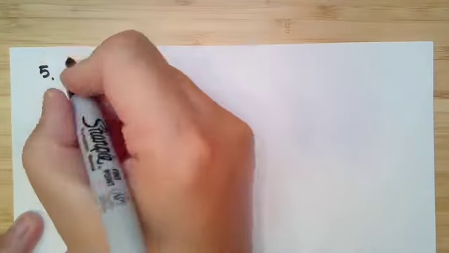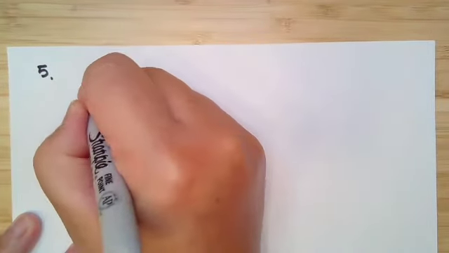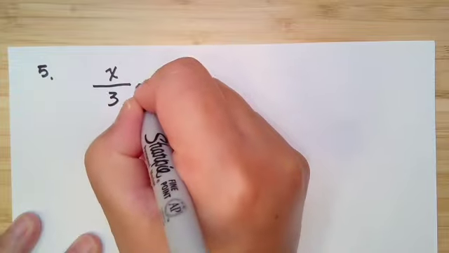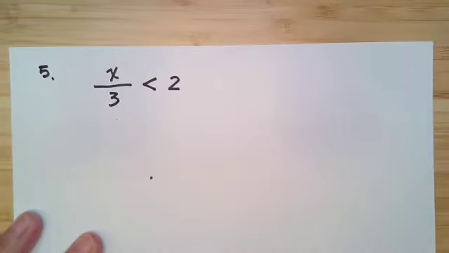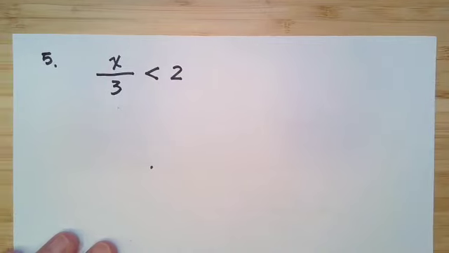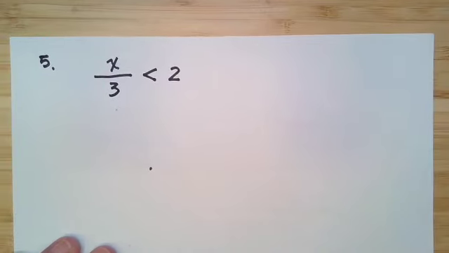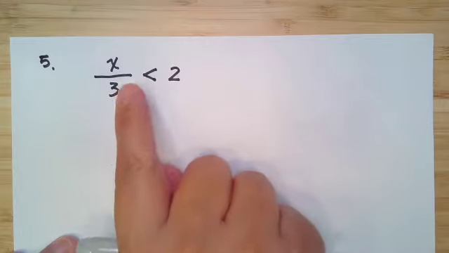Now let me do more. Number 5. This one. X divided by 3 is less than 2. Well, we cannot just add or subtract a number. Just think about when you work on equations. If you have x over 3 equals 2, what are you going to do?